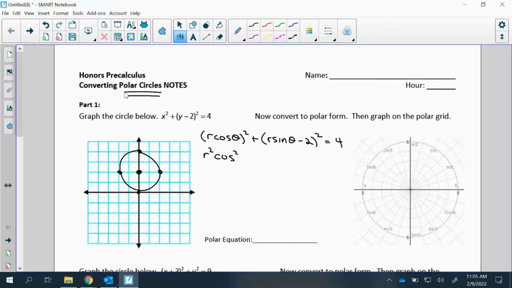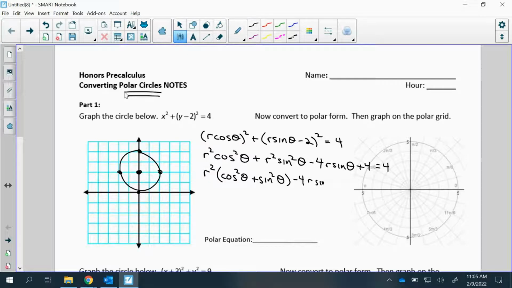And so then the rest of this just becomes algebra. So (r cosine theta) squared is r squared cosine squared theta. And then we have to use the distributive property for (r sine theta minus 2) squared. We get r squared sine squared theta minus 4r sine theta plus 4. And that equals 4. And then the rest of this just becomes a bunch of algebraic manipulation.